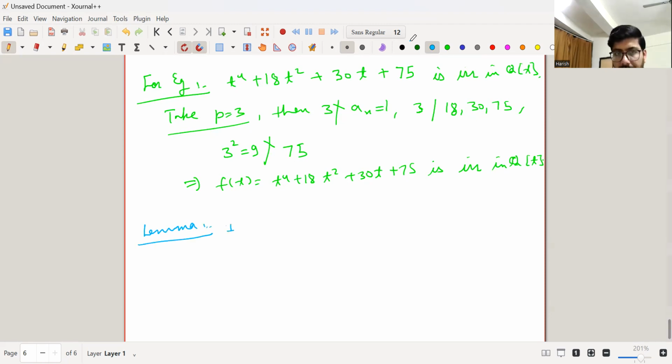If p is a prime, then 1 plus t plus t square plus so on t raised to p minus 1 is irreducible in Q[t].